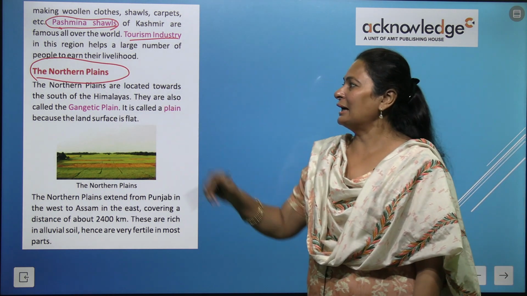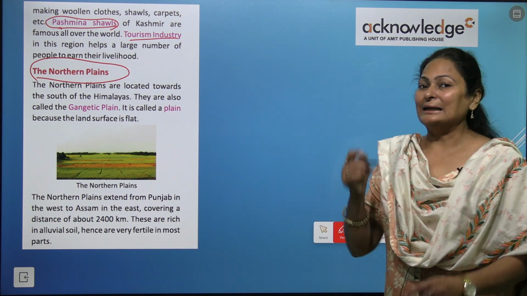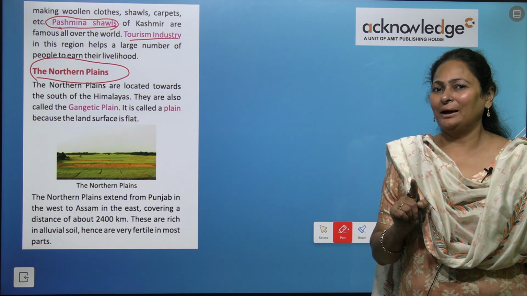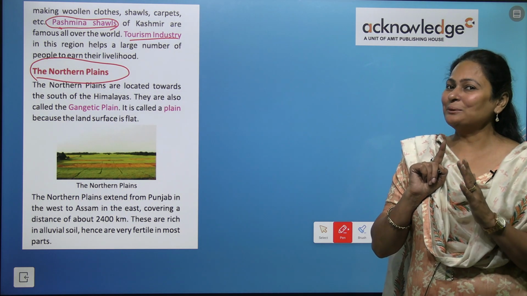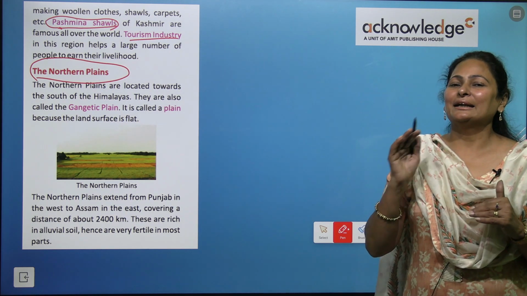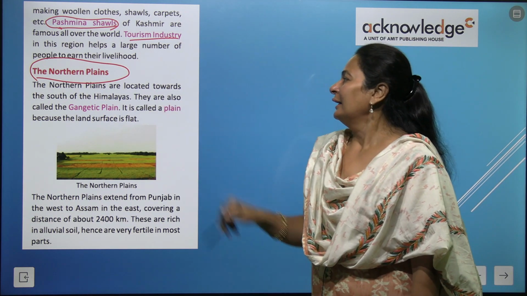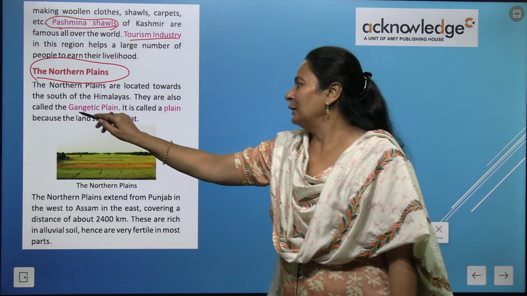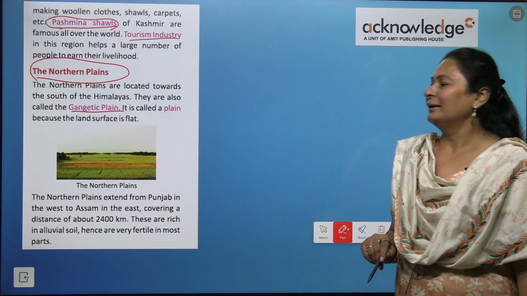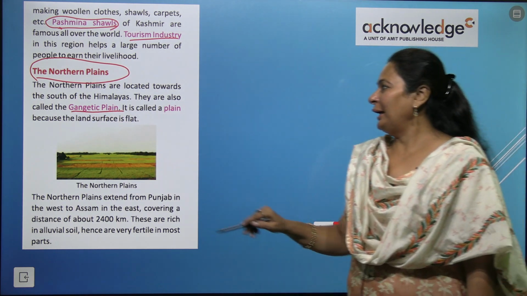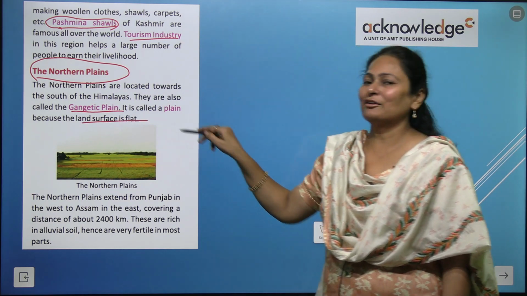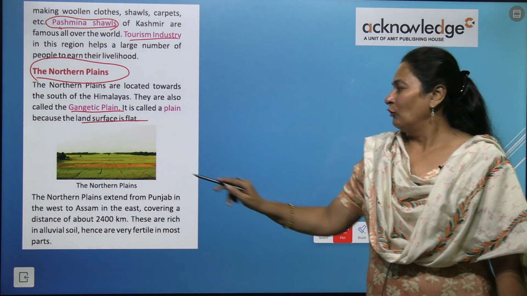The Northern Plains are located in the south of the Himalayas, not in the south of our country. They are also called the Gangetic Plain. It is called a plain because the land surface is flat.